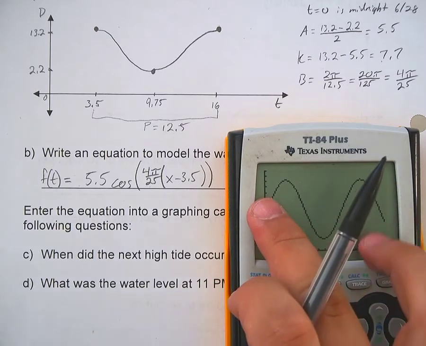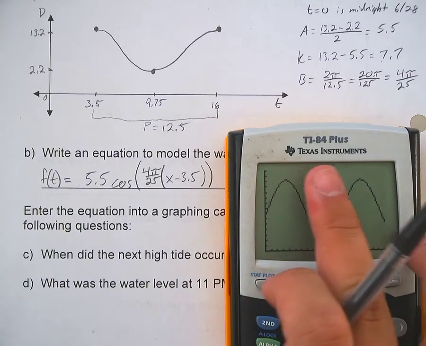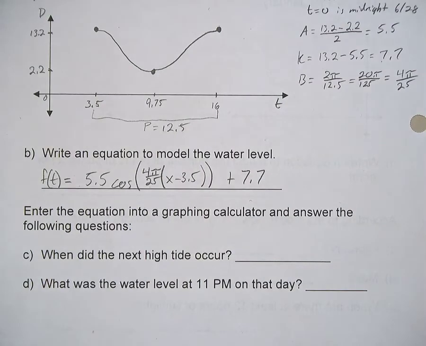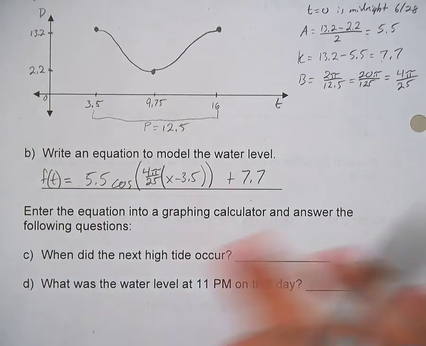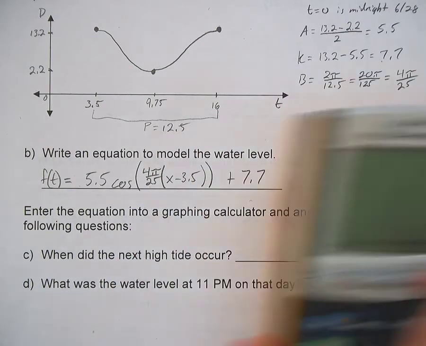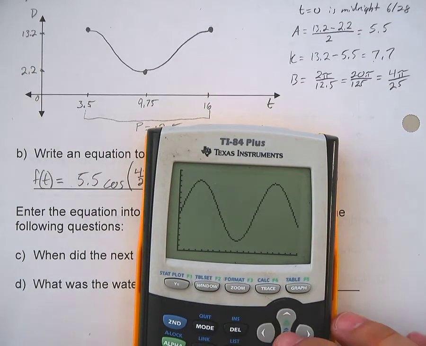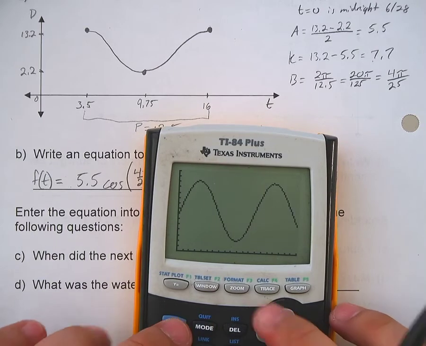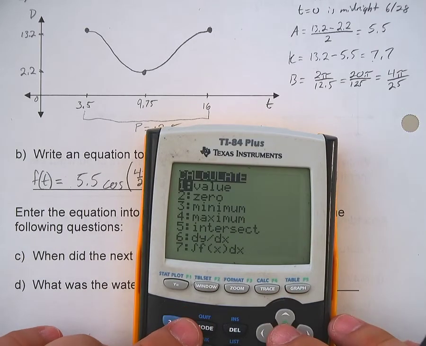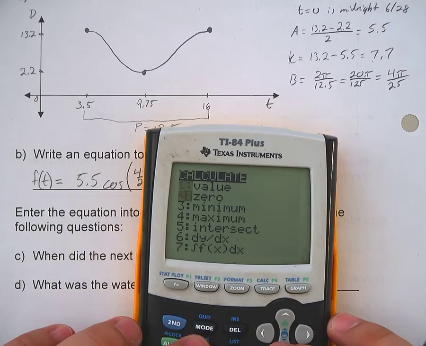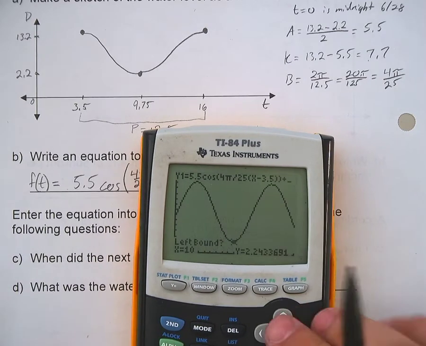So my maxes should happen at 3.5, and the question is asking, when did the next high tide occur? Well, you could take it from your graph up here, or if you didn't know what your period was, you could use your calculator, go to second calculate, and find your maximum.